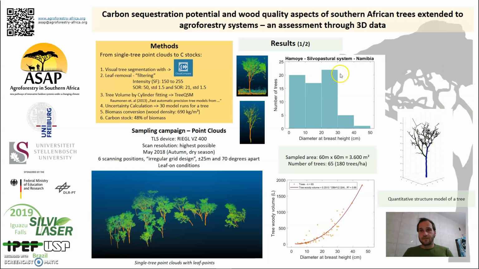You can see here the diameter at breast height distribution of the trees in this site. We ended up with 1/3 of a hectare, 65 trees, and so 180 trees per hectare. And you can also see the woody volume above ground of these trees in the lower graph here.